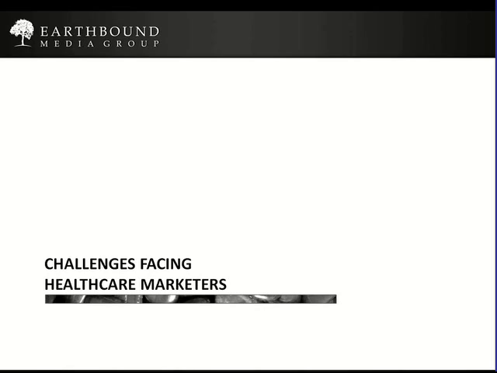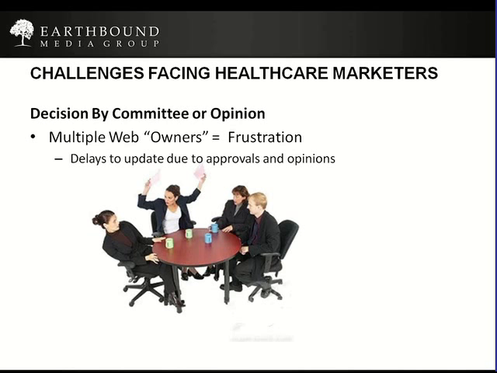So let's get started. Current challenges facing healthcare marketers today are really around multiple owners of the web trying to make decisions on optimization and making changes. And really, hopefully none of you have been in this situation that you see on the screen where people are yelling at a table.